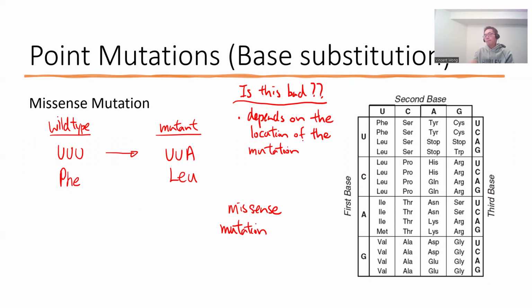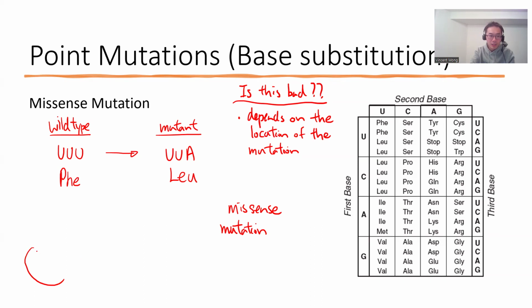If the protein is an enzyme and the mutation happens right in the active site, where the ingredient fits in, and it changes the shape of the active site, then that's pretty bad.